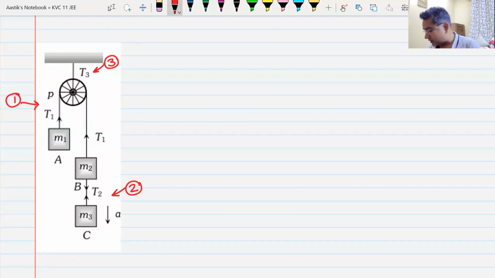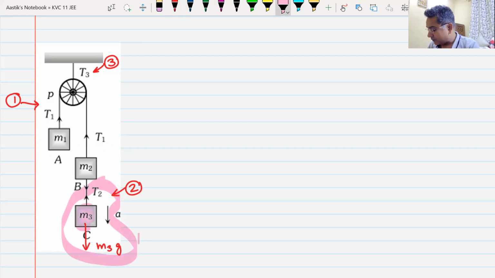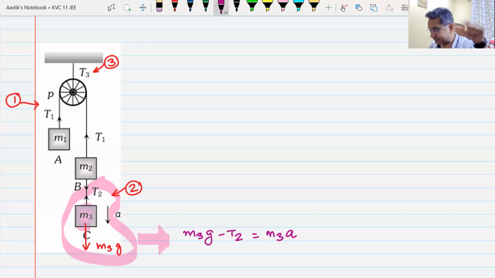If I draw the original diagram, it would look like this. Let me draw the free body diagram. This would be M3G and this is T2. If I call this the pink block, this is the diagram of the pink block, and it is going downwards. So I can write the equation of this pink block: M3G downwards minus T2 is equal to M3 into A. All of us understand this?